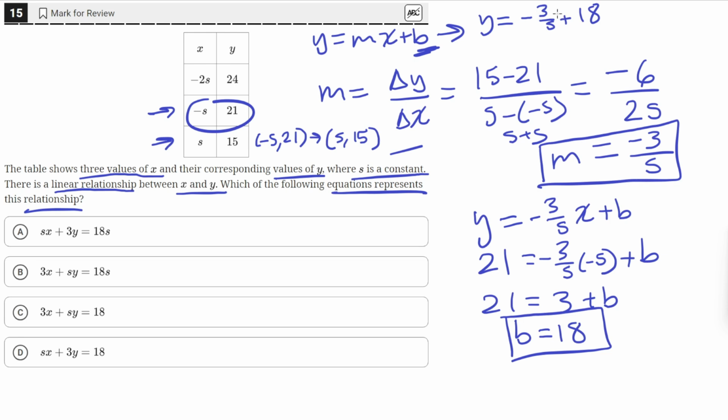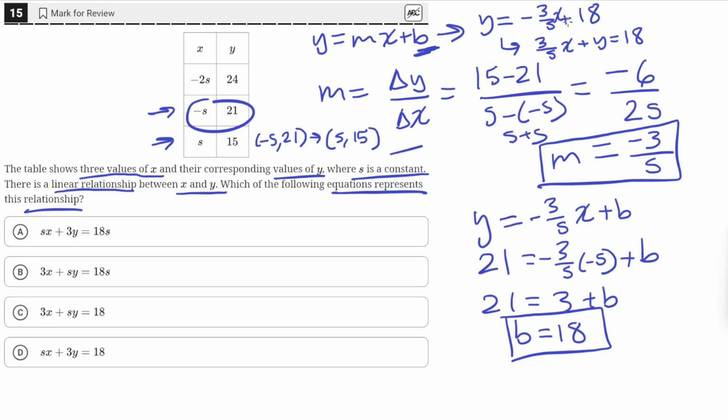We just need to move the x and the y terms to the left-hand side. So if we move the negative 3 over s, x to the other side, we'll be left with 3 over s times x plus y equals 18.